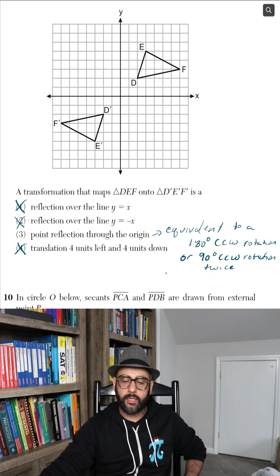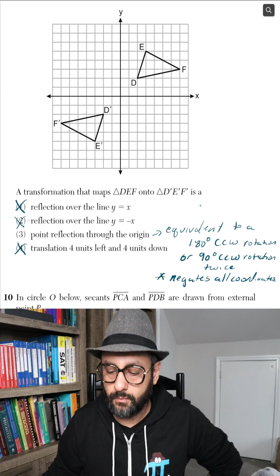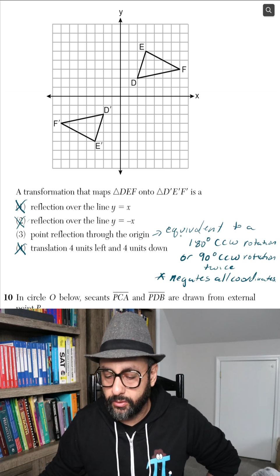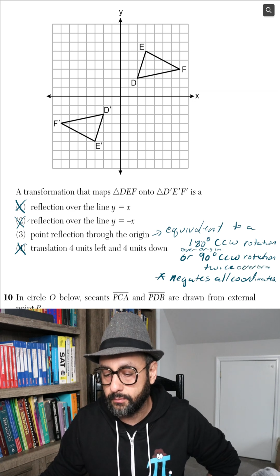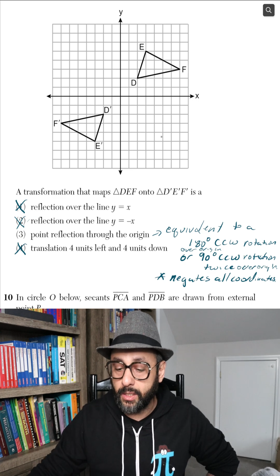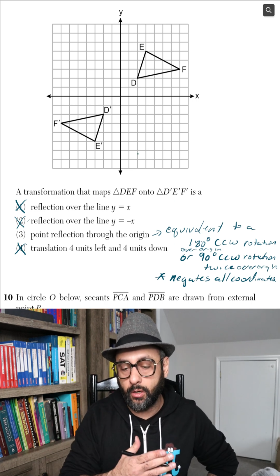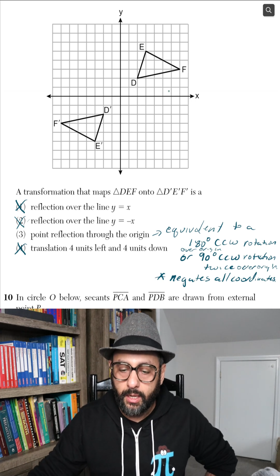And the other thing that it does is that it negates all coordinates. So I should say a 180-degree rotation around the origin. Okay, so anyway, a 180-degree rotation or a reflection over the origin negates the coordinates.